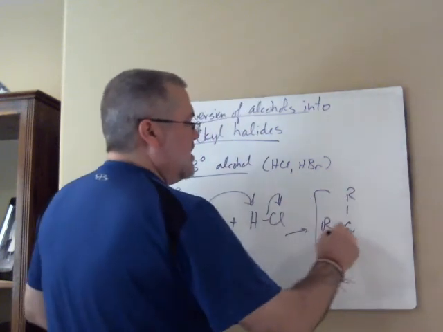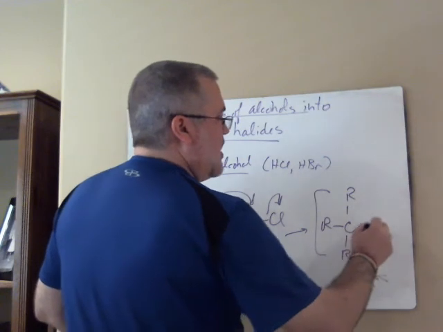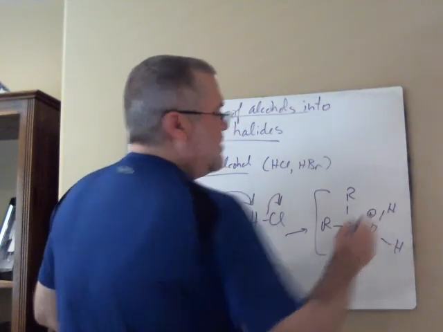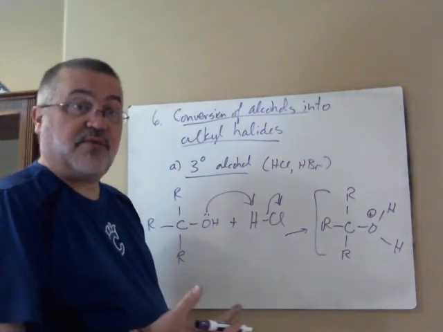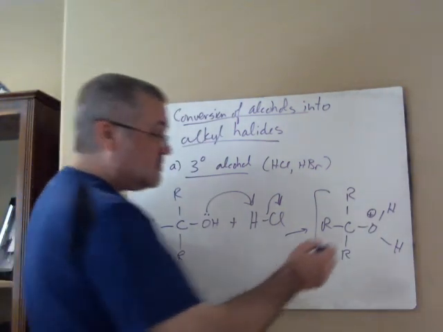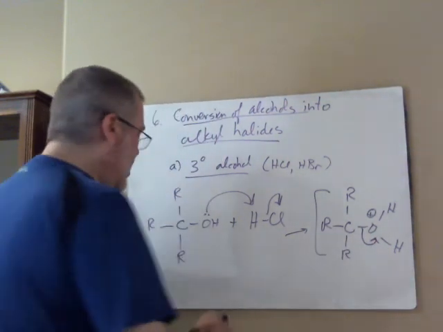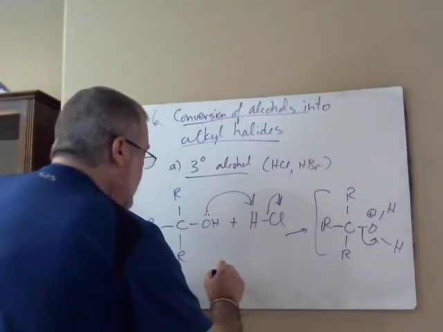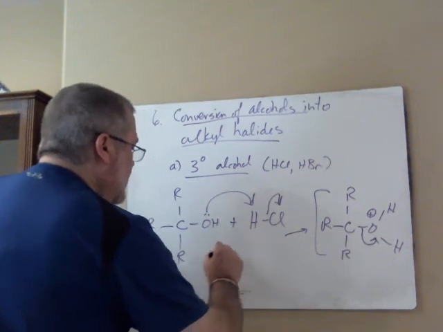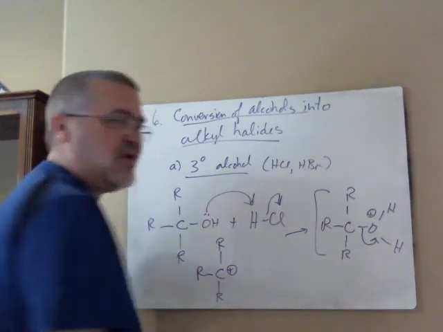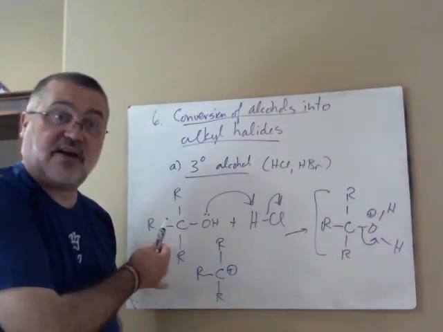Still have my generic tertiary alcohol, but now I've protonated the OH. And when I do that, it becomes a really good leaving group. And so I spontaneously dissociate that water, and that leaves me with the carbocation. Now, does anybody know that this is basically the mechanism we went through with dehydration a second ago?